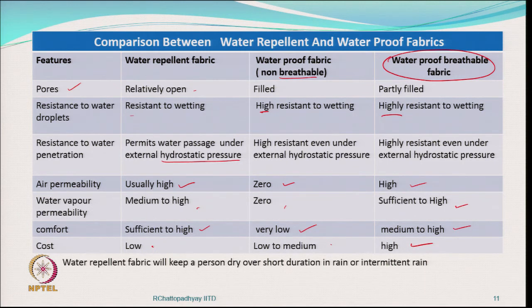All of them are available, and by giving different finishing techniques, we can have water repellent or waterproof breathable fabrics. Depending upon the type of use and the cost component that we want to keep for the final product, we have to choose one of them.